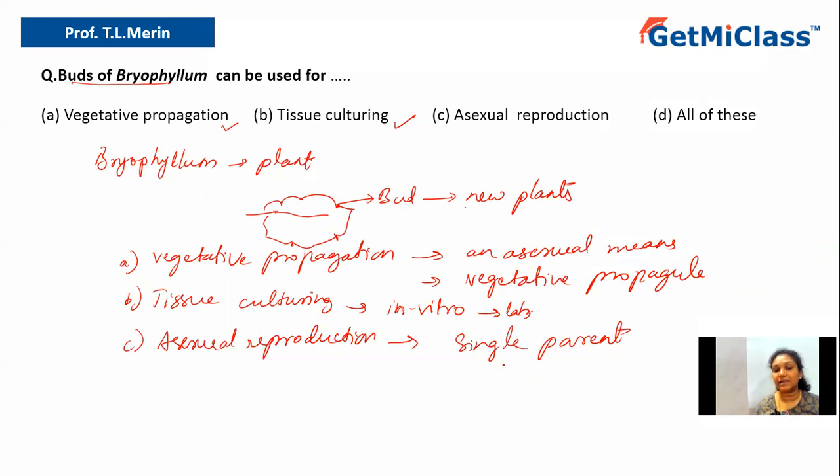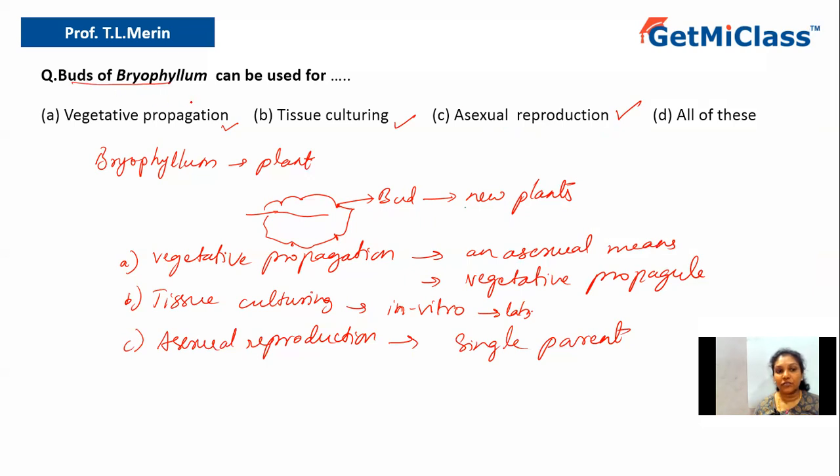Here, this bryophyllum leaf is from one parent, and from the same parent you're getting new plants, like n number of plants depending upon how many buds you have, if you directly bury the bud and allow it to develop into new plants. And if you go for tissue culture using buds, you also get n number of plants. So yes, buds of bryophyllum can be utilized for asexual reproduction, and of course they produce only by asexual reproduction. Hence, option C is also correct.